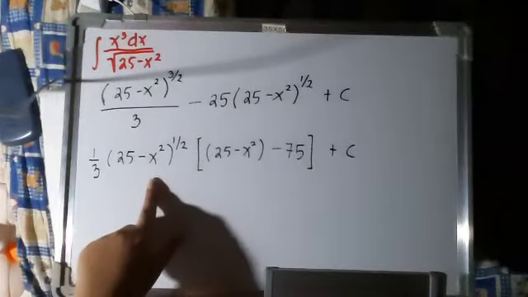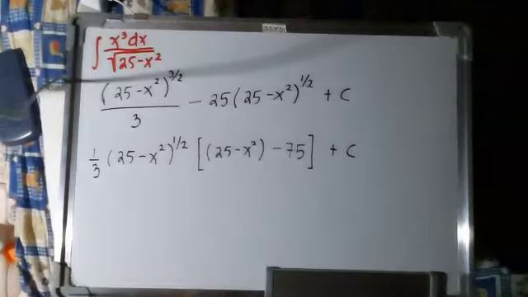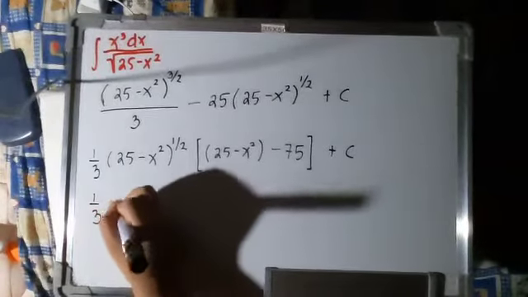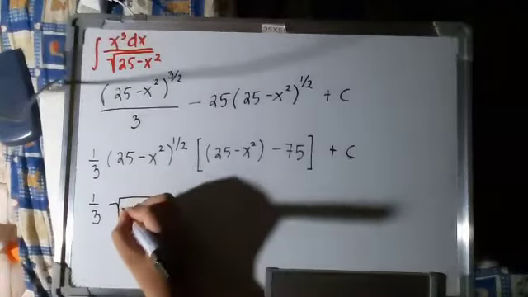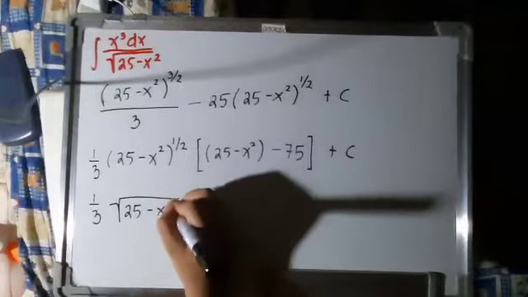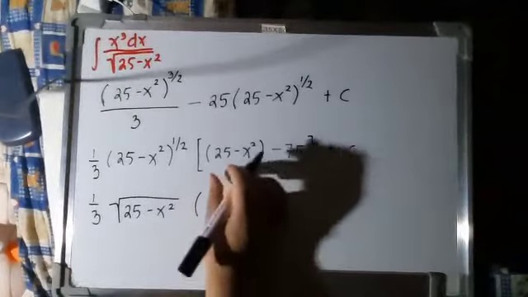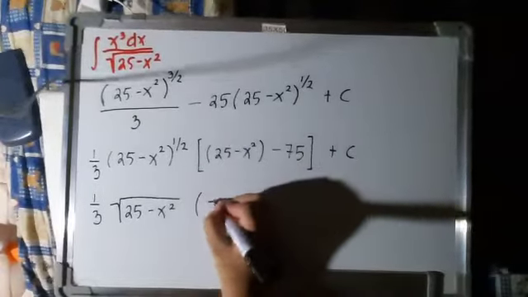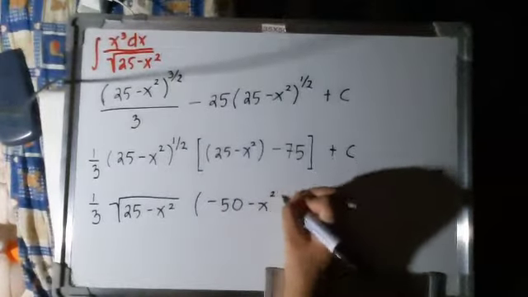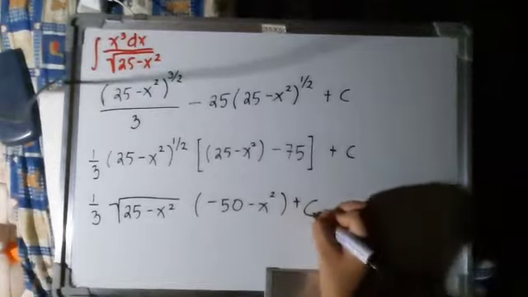Gawin na natin 'tong radical. Then, ito, simplify natin. So, this will be 1/3 square root of, since raised to 1 half 'yan, that is square root of 25 minus x squared. Quantity, 25 minus 75 is negative 50 minus x squared plus c.